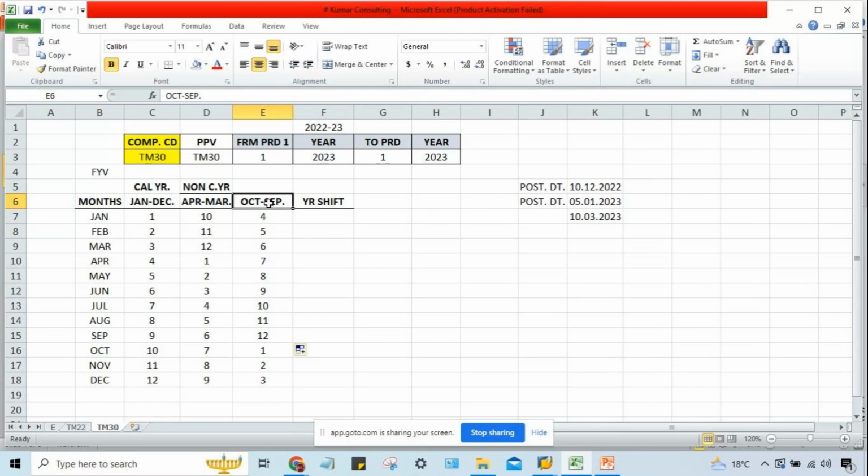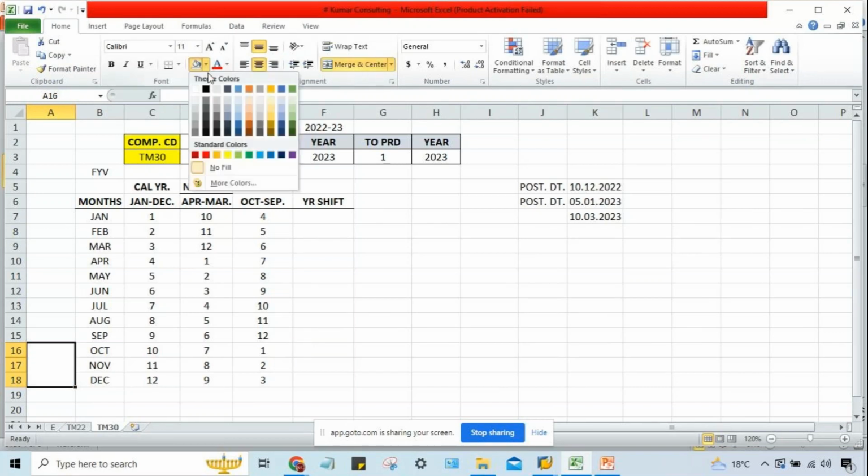So the client said that even though as per the calendar year we are in 2022, for this non-calendar year our 2023 just started from October onwards, first period of the new year. So that is 2023.